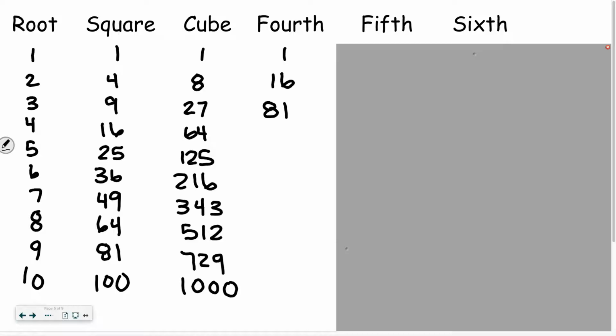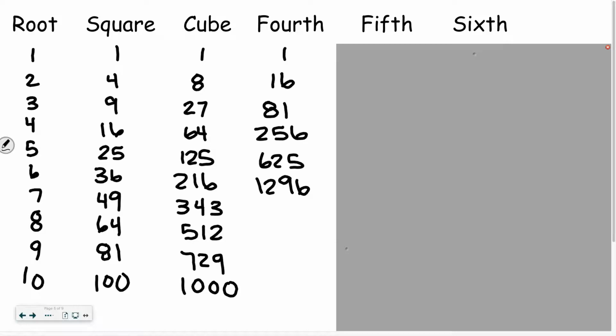4 to the fourth is 256. You could use the same method, 16 times 16. You might know it from the Pythagorean theorem. Just to be familiar with it, 5 to the fourth is 625. And then 6 to the fourth, I recognize every now and then, is 1,296.